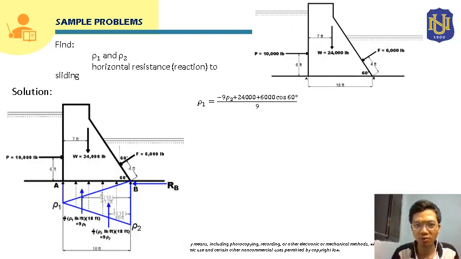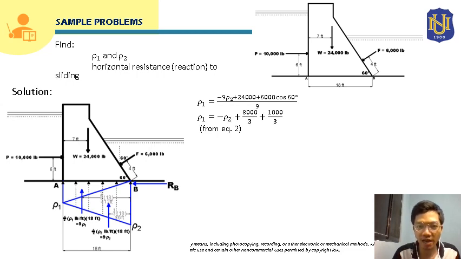So solving for rho 1, from equation 2, rho 1 will be equal to negative 9 rho 2 plus 24,000 plus 6,000 cosine 60 degrees over 9. So simplifying that, that will be equal to negative rho 2 plus 8,000 over 3 plus 1,000 over 3.